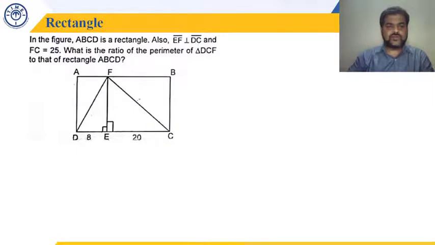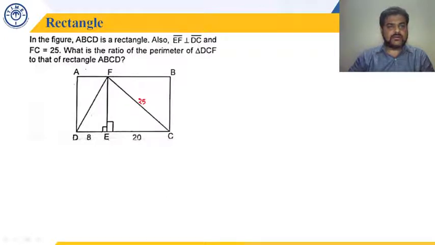Some lengths are already given in the figure. If you see carefully, length of DE is 8 and length of CE is 20. Fine. And FC is given as 25. So they are asking you to find the ratio of the perimeter of triangle DCF, this triangle. DCF is this triangle.